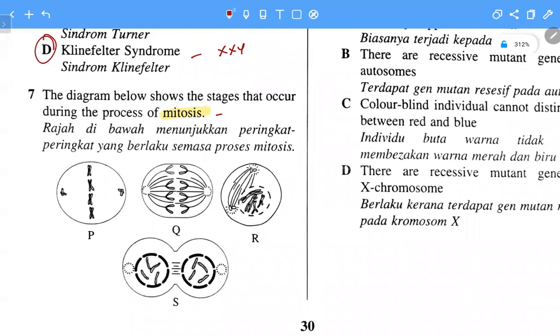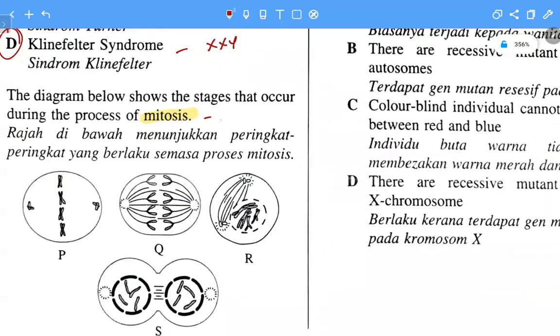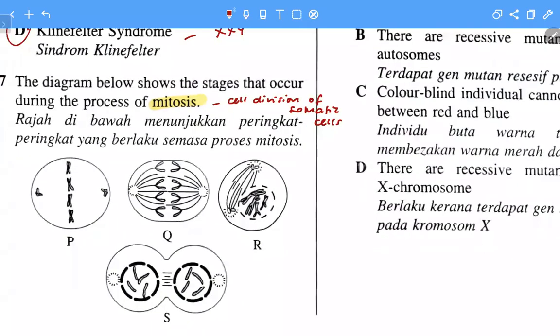Mitosis refers to cell division of somatic cells. Somatic cells are basically every single cell in your body except for your reproductive cells. And reproductive cells is basically meiosis, if you recall before.